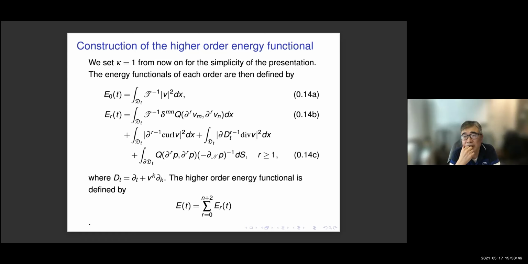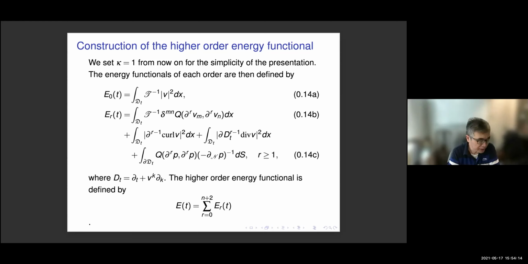But I think there's also another issue: for this bounded domain, without the viscosity, you don't have any kind of dissipation mechanism. And the water wave problem is on the unbounded domain.